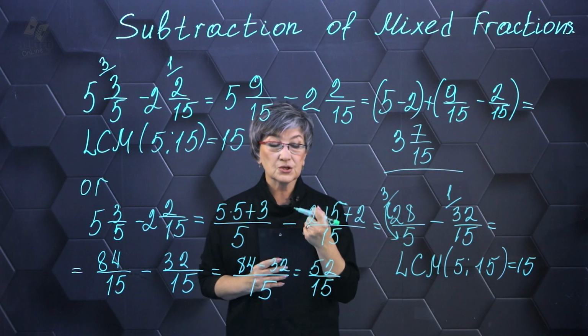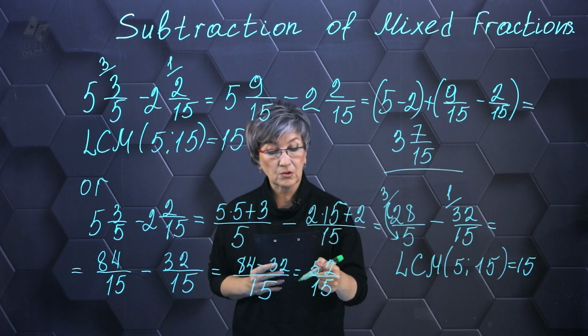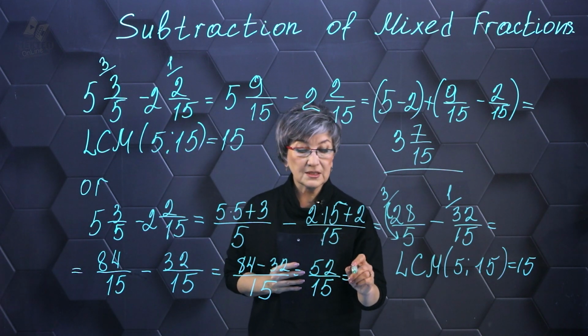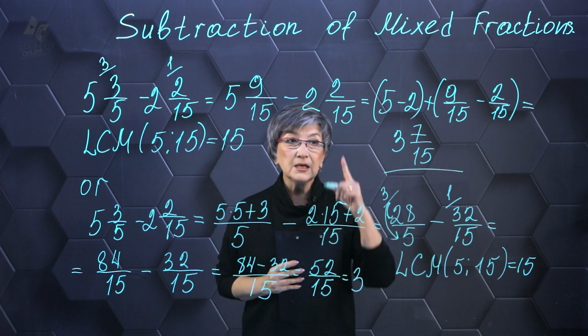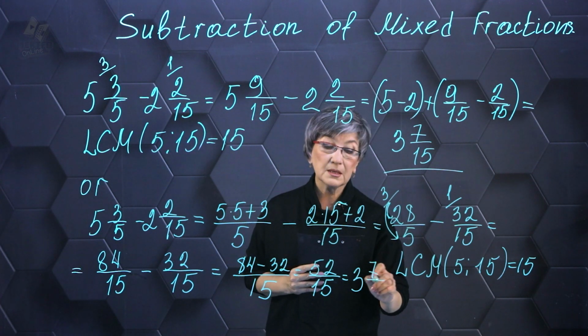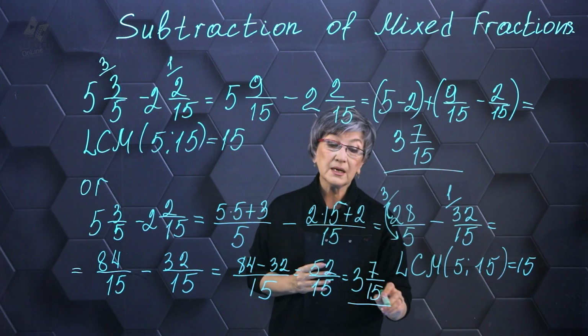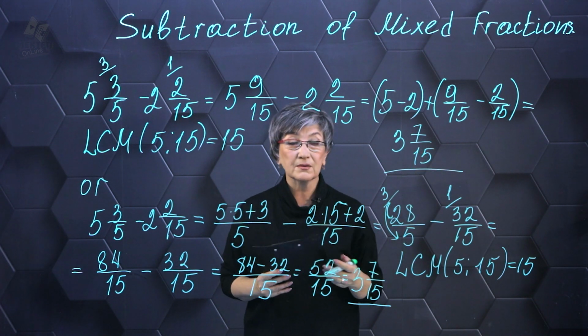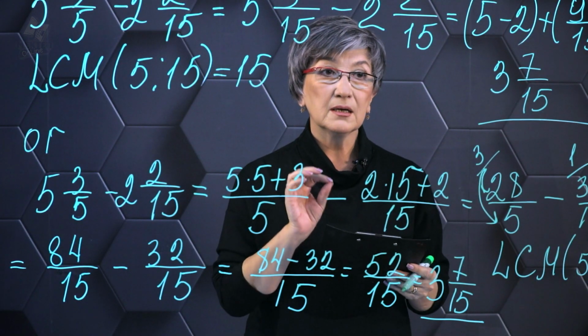Let's isolate the whole number. 52 divided by 15. That would be 3 whole numbers and 7 more in the remainder. That is 7/15. I found the same answer as before. So we solved this problem correctly.